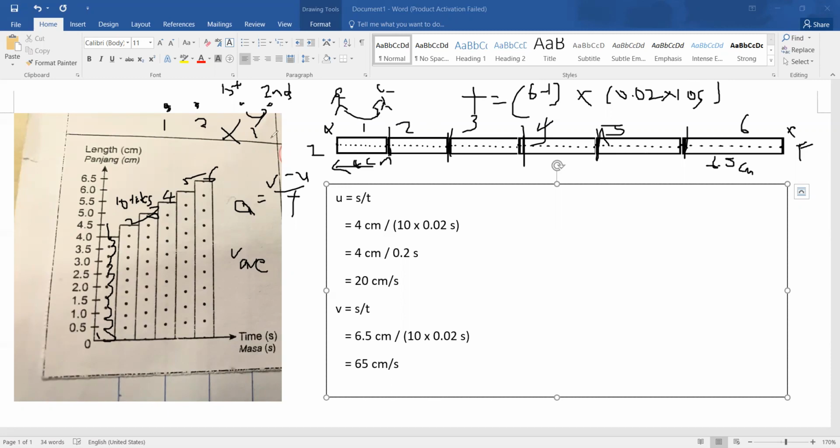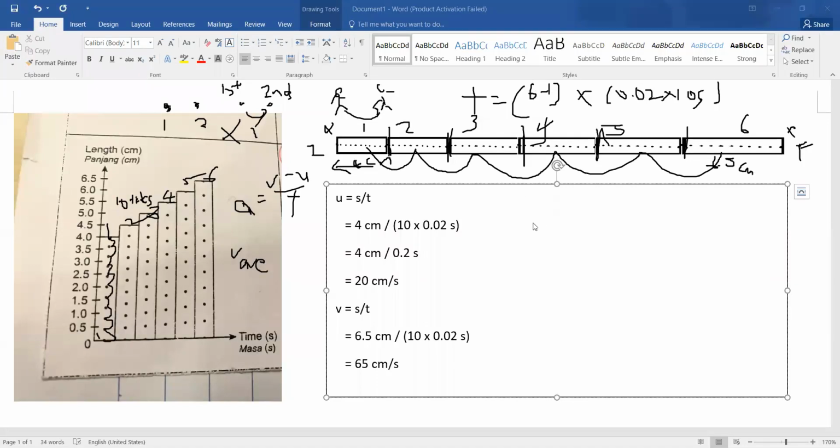Like number 1 and number 2, the difference is only 1. So from the first one to number 6, how many differences? 1, 2, 3, 4, 5. That means there are 5 leaps. So that's why we have 6 minus 1.